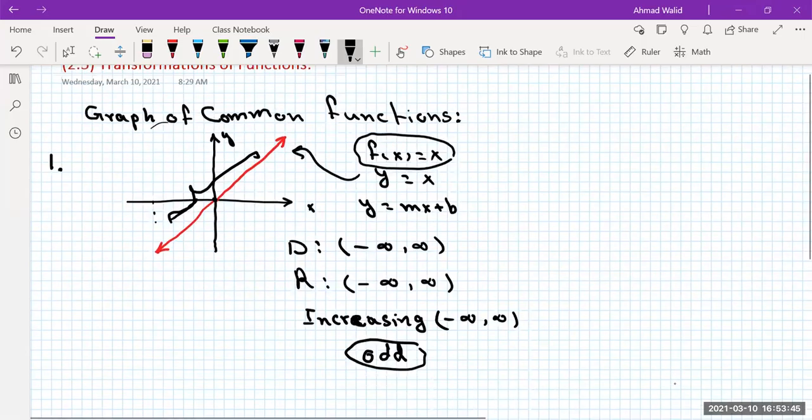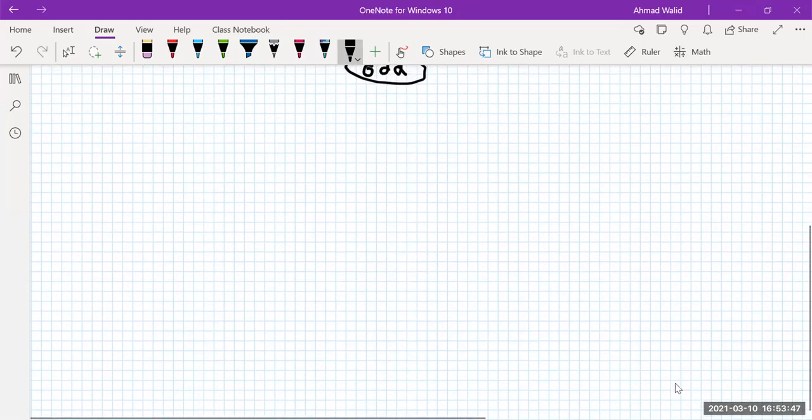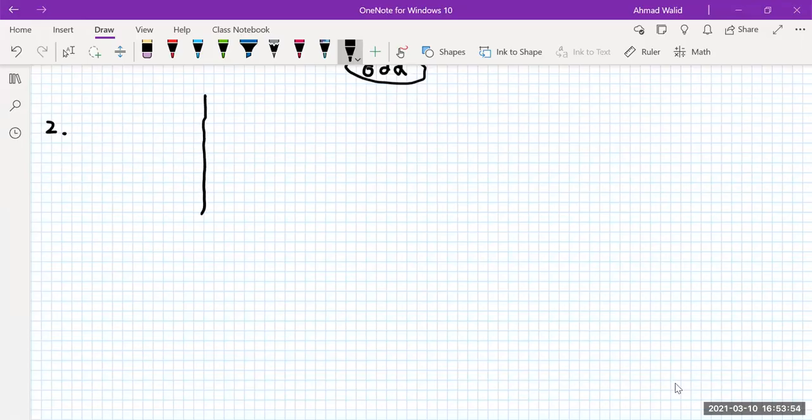Number 2. Let me draw a V shape for you.